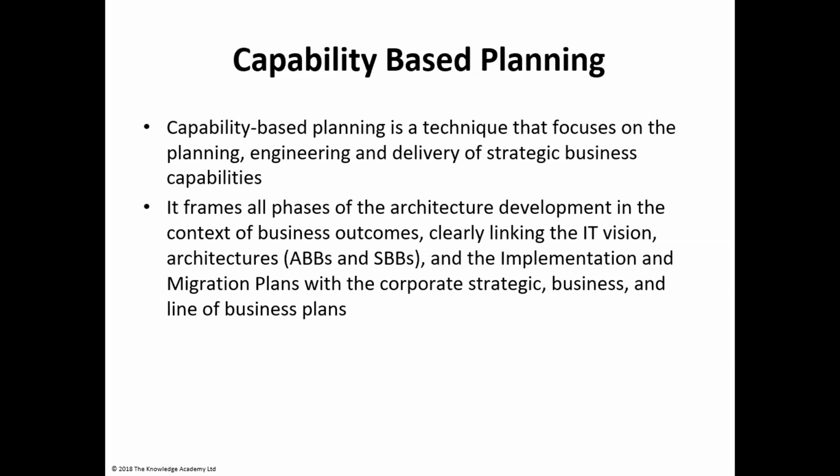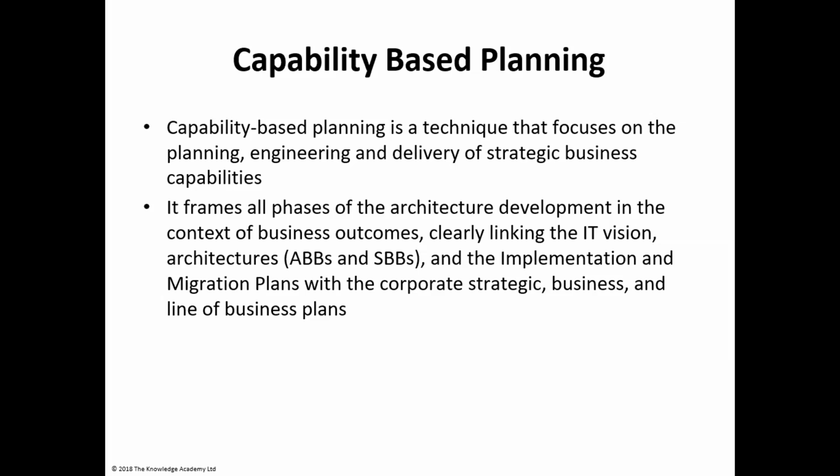Now listen carefully. In simple terms, capability is the ability to do something, correct? As far as architecture is concerned, capability is the ability to develop, use, and sustain an architecture. So for you to carry out an architecture activity in an enterprise, you need to put in place certain capabilities for the architecture.